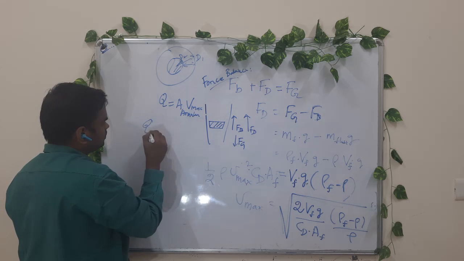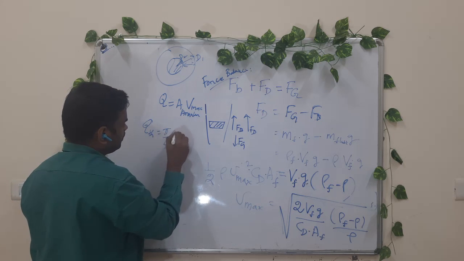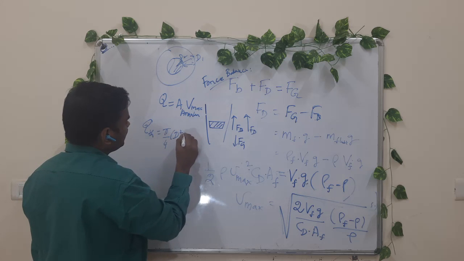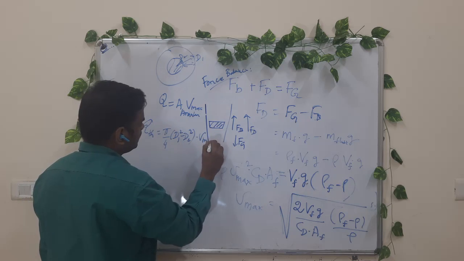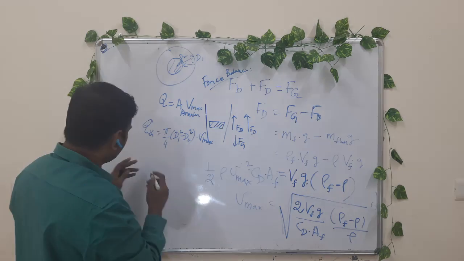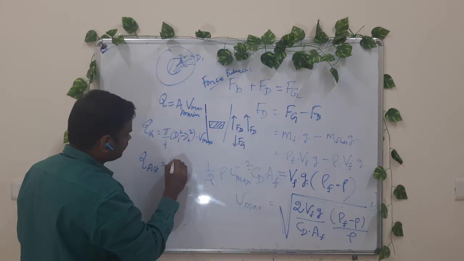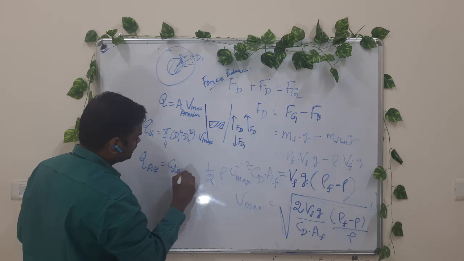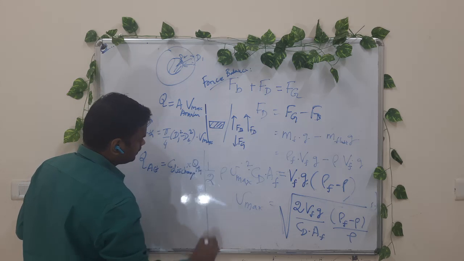So Q theoretical is equal to pi by 4 into D1 square minus D2 square into Vmax. Again, this is only a theoretical volumetric flow rate. If you want the actual volumetric flow rate, it is equal to coefficient of discharge into Q theoretical.